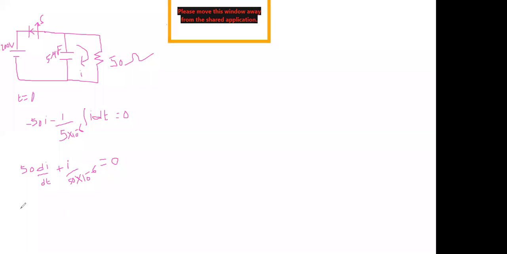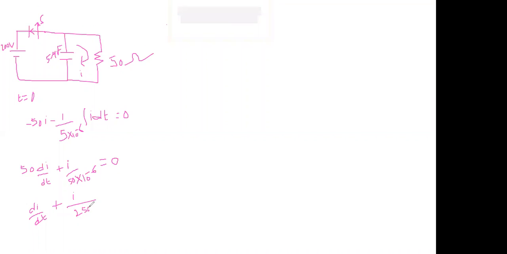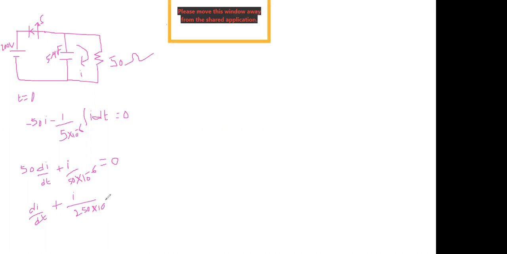finally di by dt plus I by 250 into 10 to the power of minus 6 equal to 0.